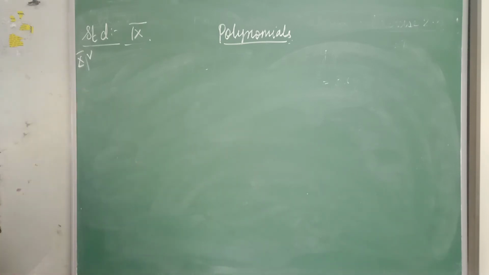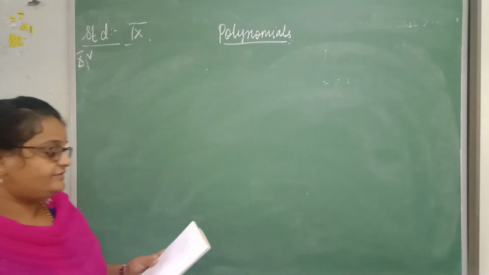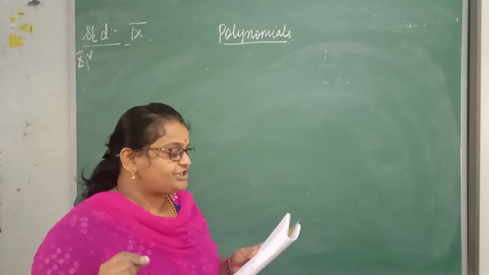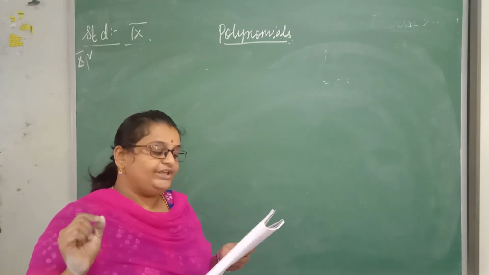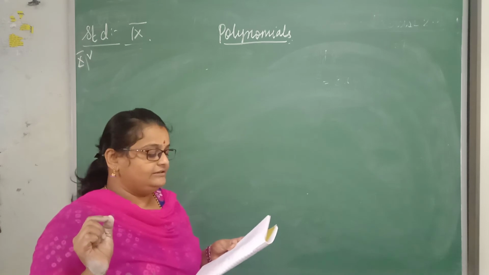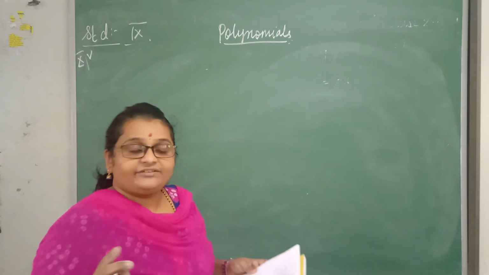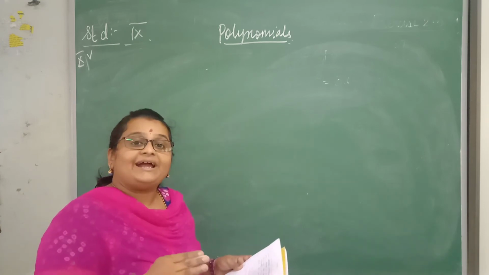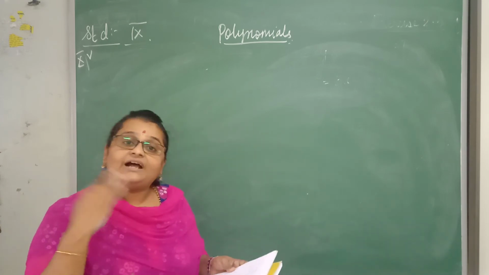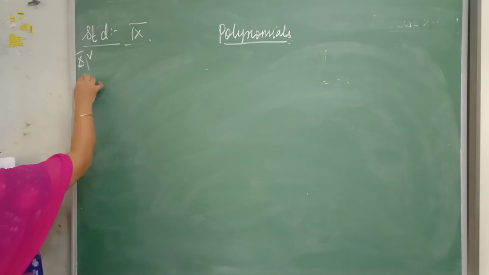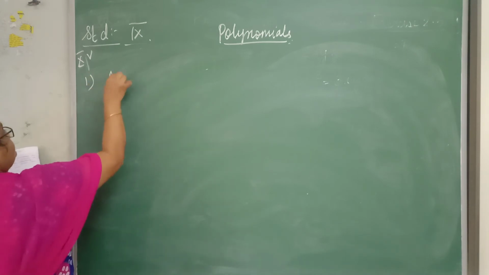So coming to the 15th main, here he has asked, give possible expressions for the length and breadth of each of the following rectangles whose areas are given. So here he has given the areas, we have to find the length as well as the breadth. Then how to find it out? So let me write down here.